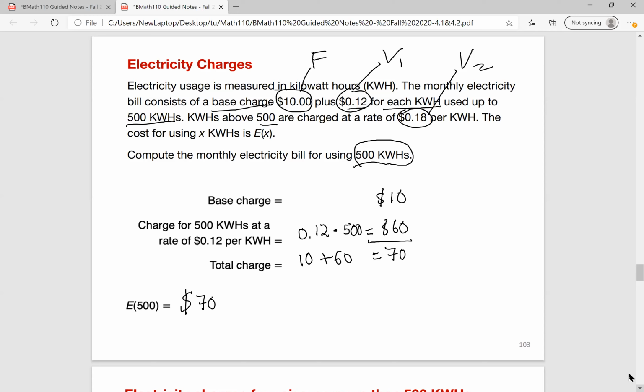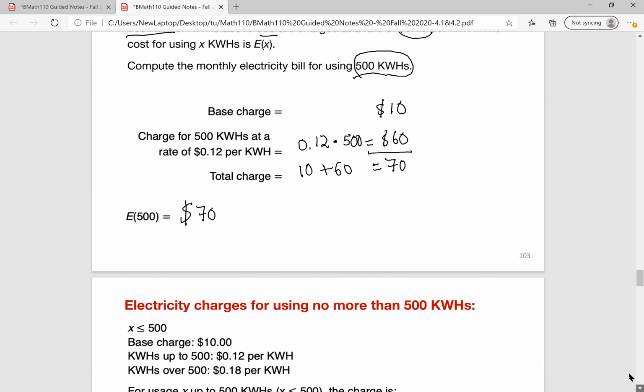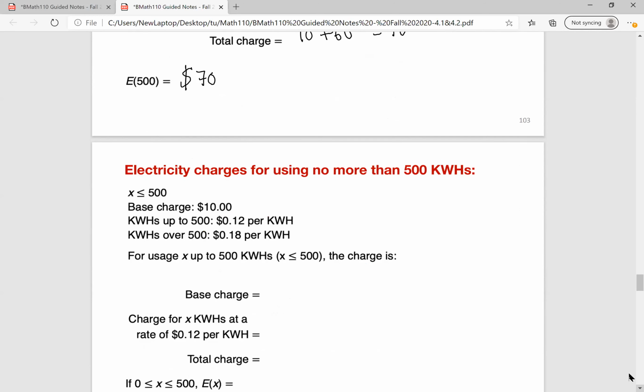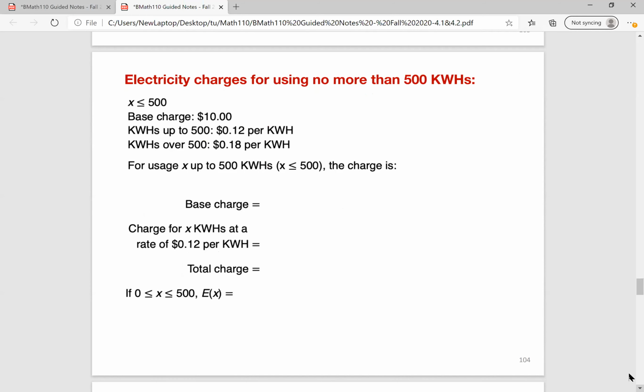Now that is the charge for 500 kilowatts. What happens if I use X kilowatts, and assume X is less than or equal to 500?